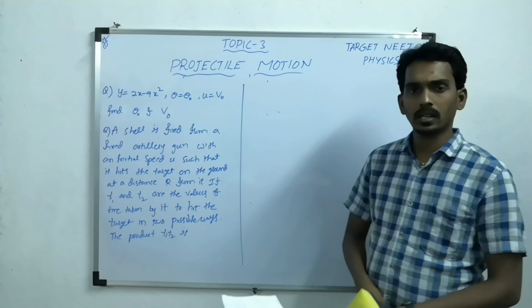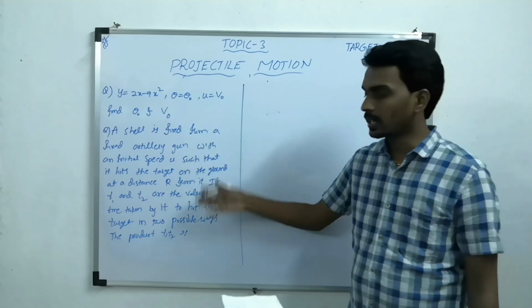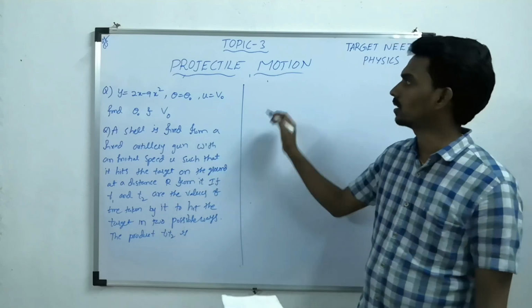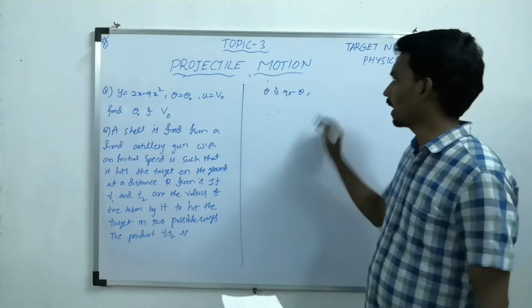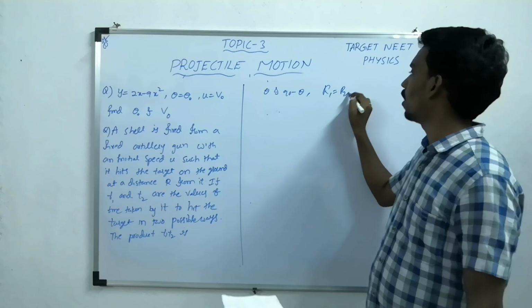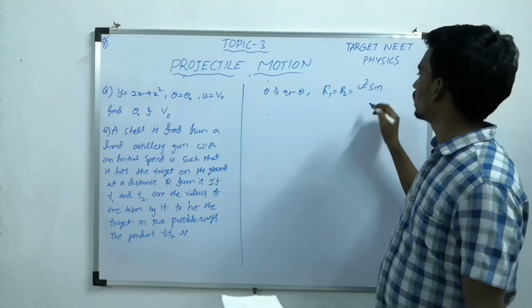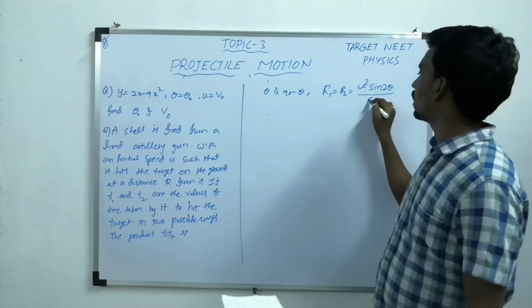We already derived this relation just before, but they have given it as a big question. What is that relation? For theta and 90 minus theta, complementary angles, the range is the same. How much is it? u square sin 2 theta by g.